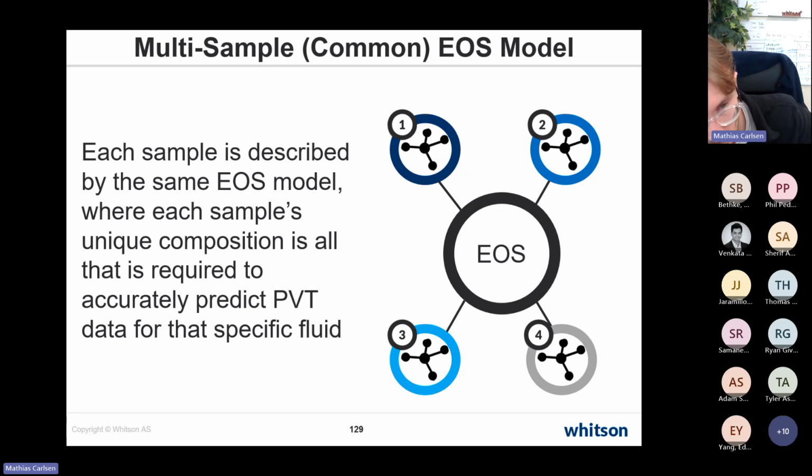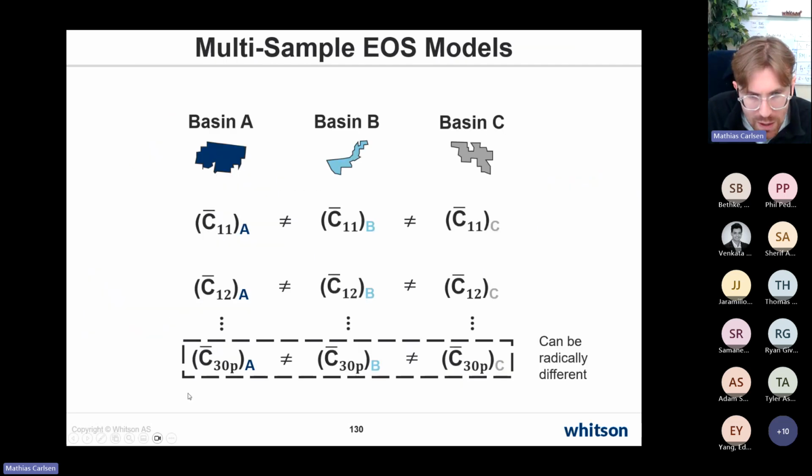And then a very natural question from you would be, okay, why can't we just use one equation of state for every single well in the world? Well, that's a great question. The reason is that all these components heavier than C7 will be different from basin to basin. If we take this example with C14, C14 is actually up to 2,000 different isomers.